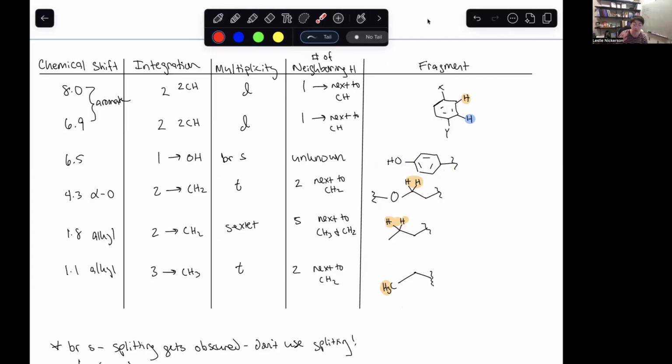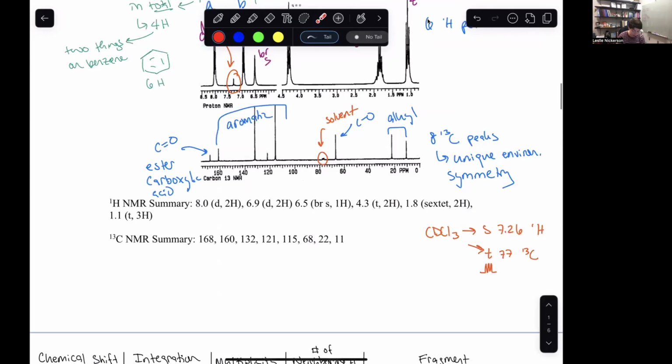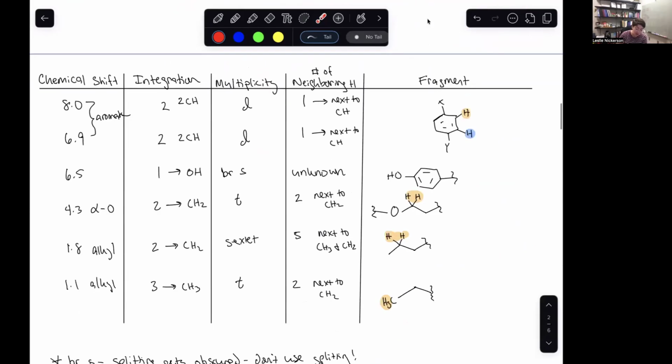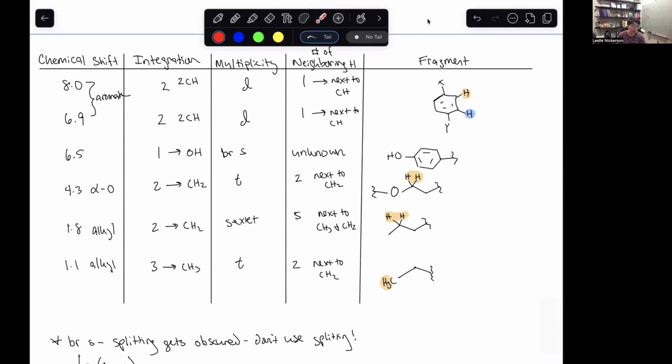And these are the fragments from my proton NMR. But again, we can't forget about the carbon because at some point we said probably ester or carboxylic acid with our carbonyl here. And when we're looking at that, I haven't added any ester or carboxylic acid in these fragments, but I have things that could be getting towards that, right?